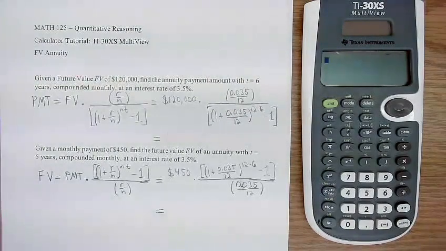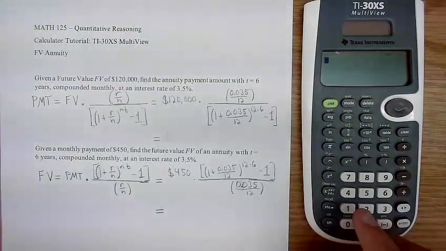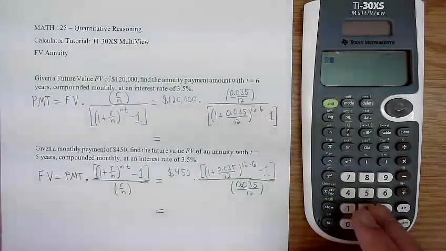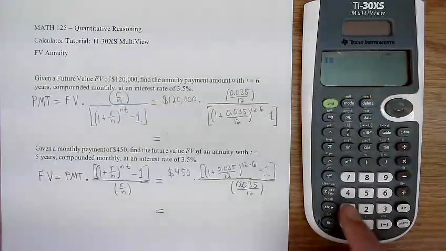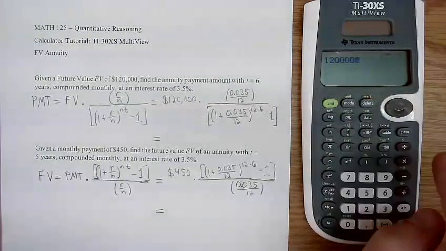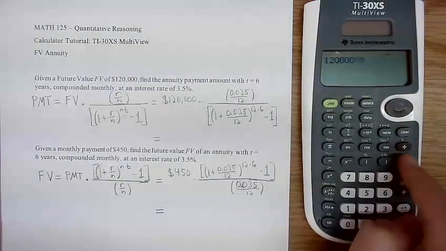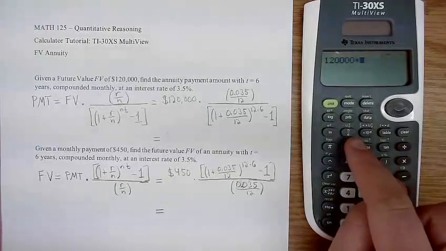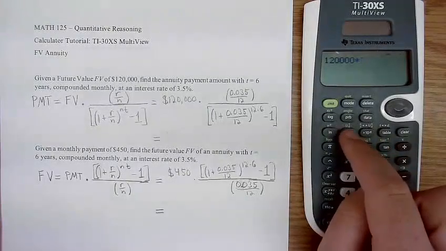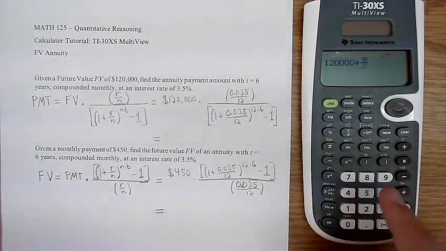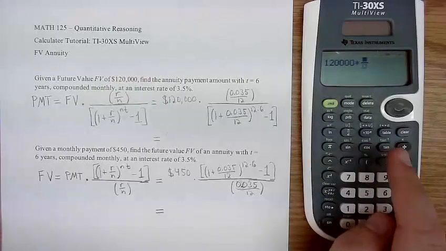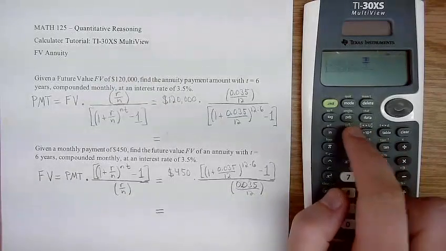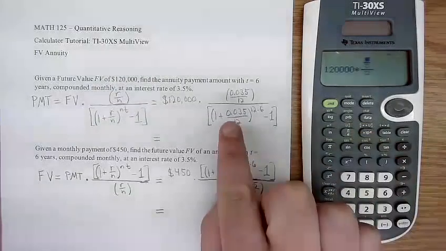So how do I put this into my calculator? My future value is the 120,000. I'll put that first. Then I'm going to multiply by a fraction, so I'll use the fraction button, the N over D. And now I have to tell it what's on top. Well, I have another fraction on top, so I can go ahead and use my N over D button again.